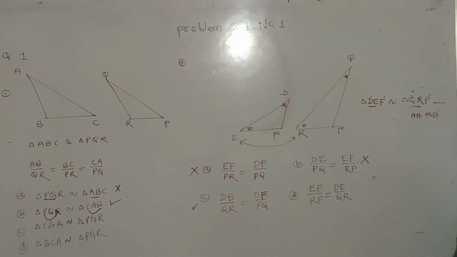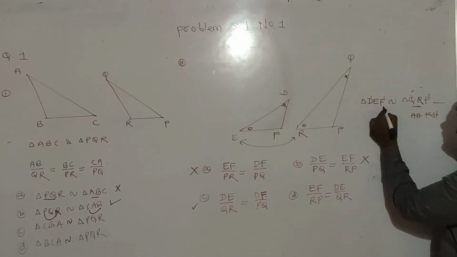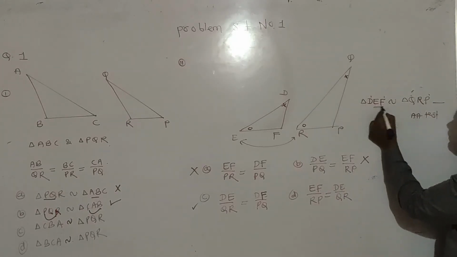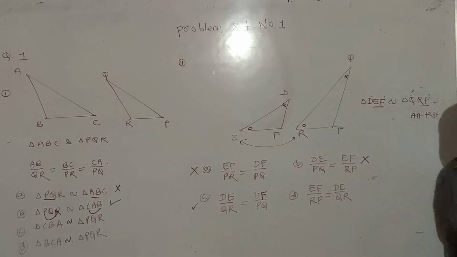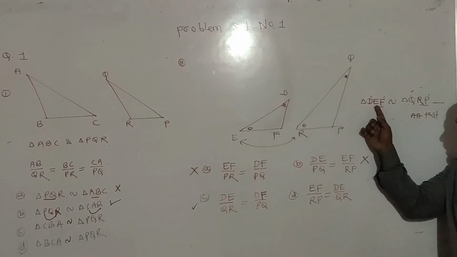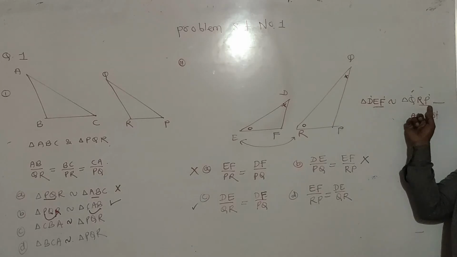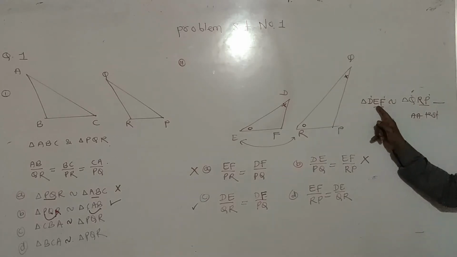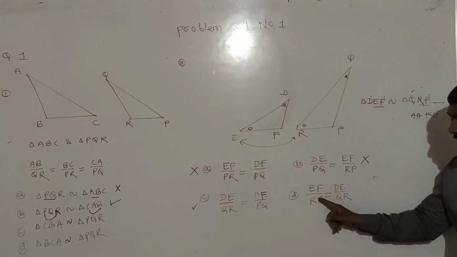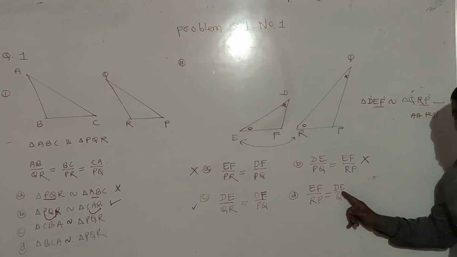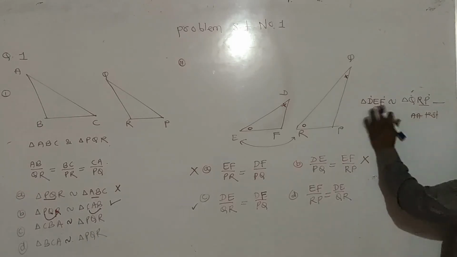Now check option number D. EF, when you write EF, what should be below EF? EF के नीचे क्या होना चाहिए? RP. अरे EF second and third, so RP second and third. RP और PR. So is it given there EF upon RP? EF के नीचे RP, first order is correct. Now check second order, D के नीचे QR दिया है, what is DE?